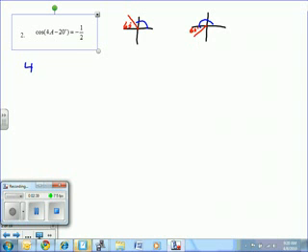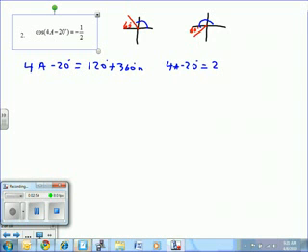So now we have 4a minus 20 degrees equals, what's the first angle there? 120 plus 360n. And 4a minus 20 degrees equals 240 plus 360n. Okay? What do we do next? Add 20.